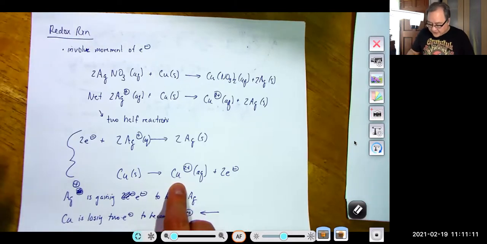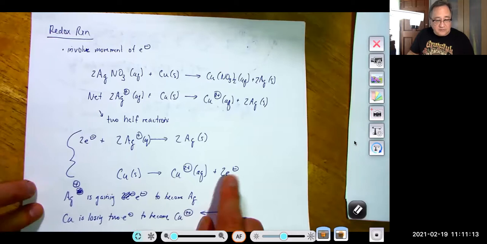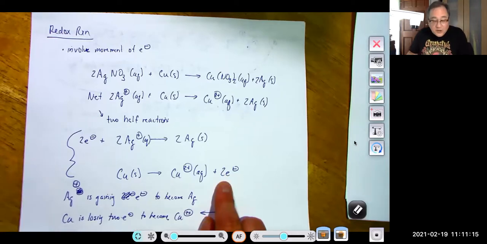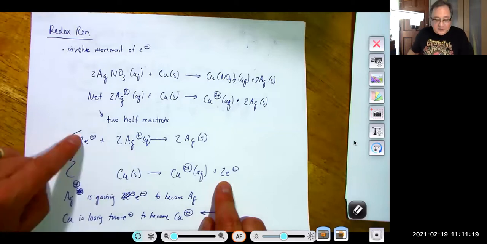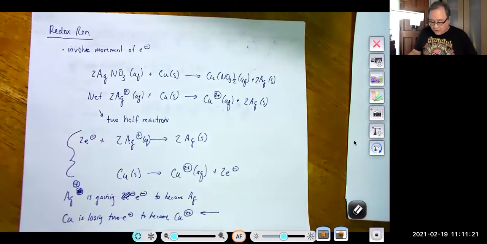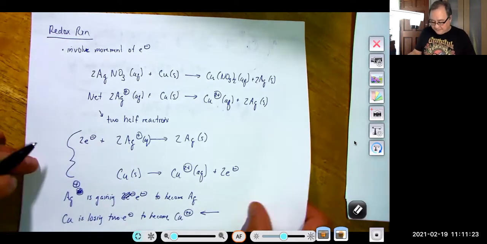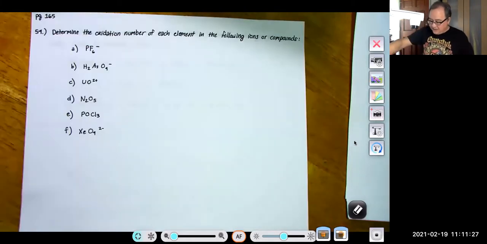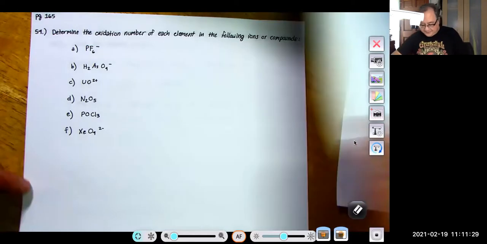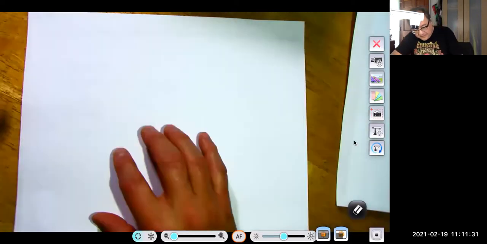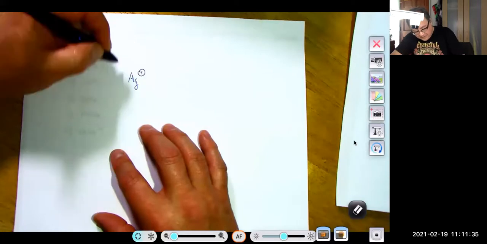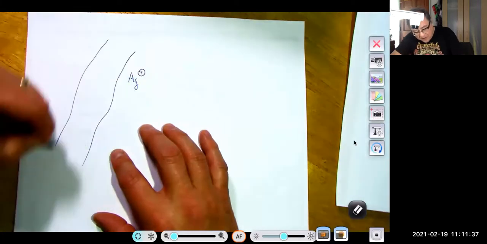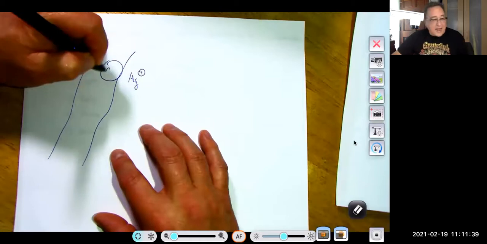And the interesting thing is, where do you think these 2 electrons go? Well, where do you think the silver ions are getting their electrons from? From this copper. So if we look at what's really happening in this case, is this. Here's my copper wire, and here's a copper atom.